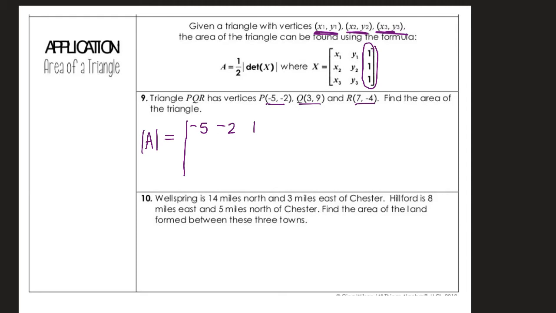And then you're going to have 3, 9, and then a 1, and then 7, -4, and 1. So there's the setup for your determinant, and just like the previous problems, you're going to rewrite the first 2 columns. So rewriting those first 2 columns, you're going to have -5, 3, and 7, -2, 9, -4.